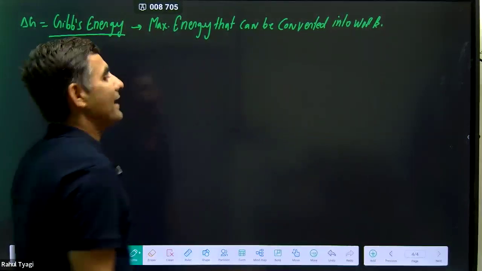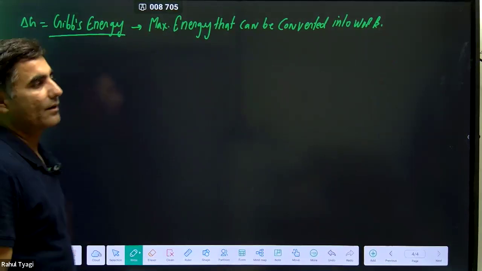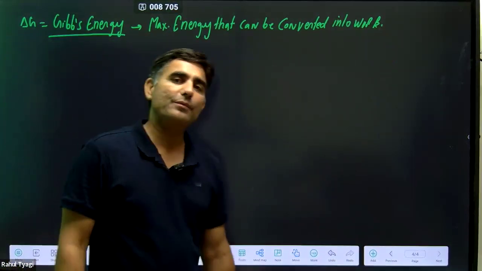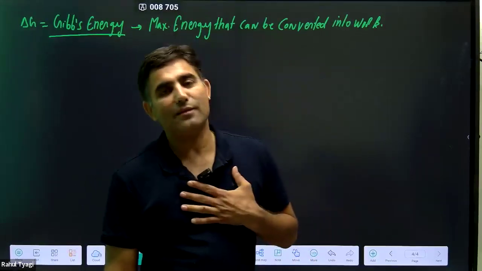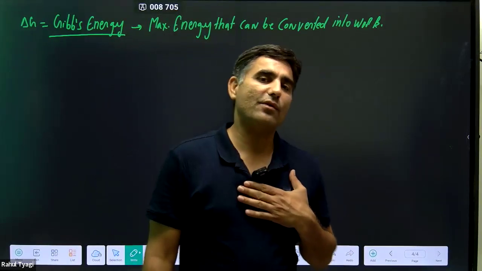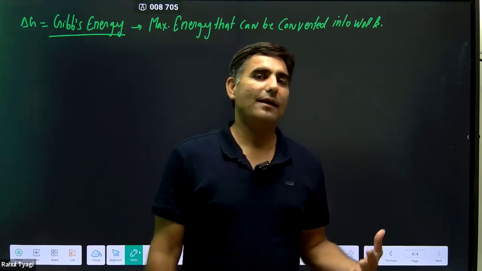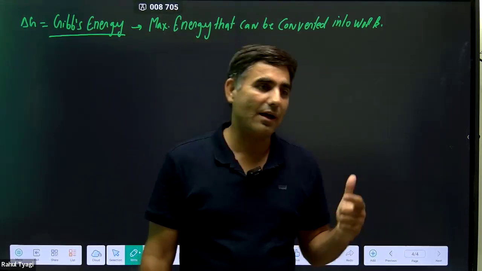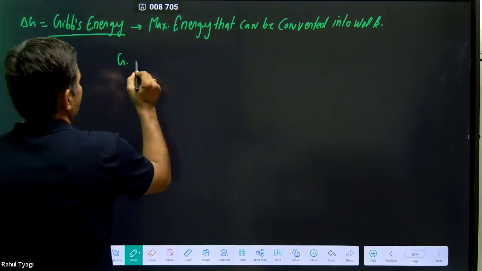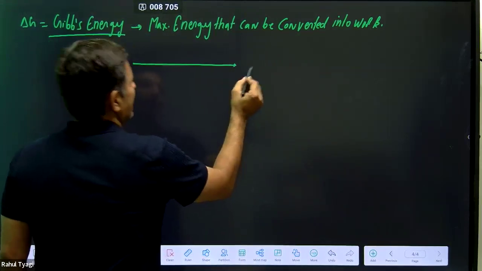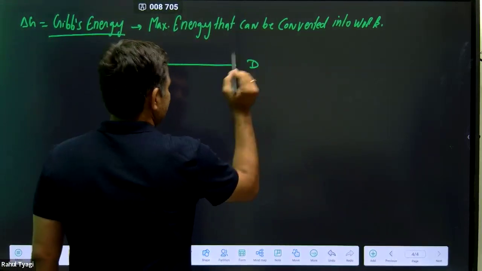For example, suppose I stay in Ghaziabad and someone says to me, sir, you have to run from Ghaziabad to Delhi. Then I say, okay, I will run. I start my journey from Ghaziabad and I have the target to run till Delhi.